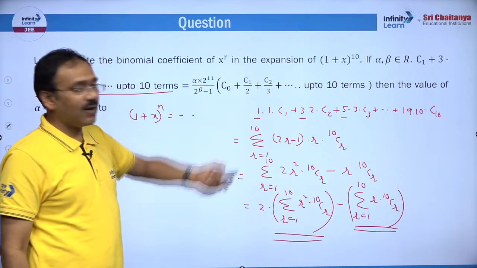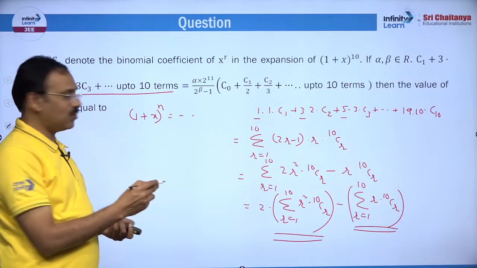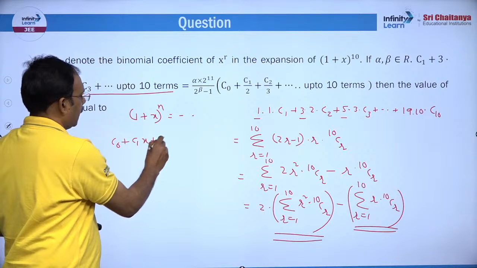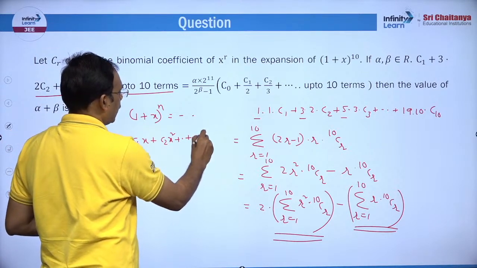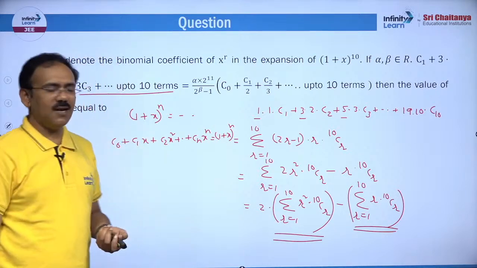Similarly, the second one, I think this is a familiar expression. How? C naught plus C1 by 2 means you can take C naught plus C1 x plus C2 x square and so on, Cn x power n is (1 plus x) whole power n. You just integrate, my dear friends.